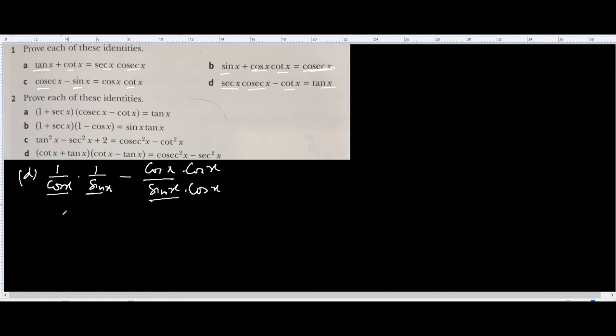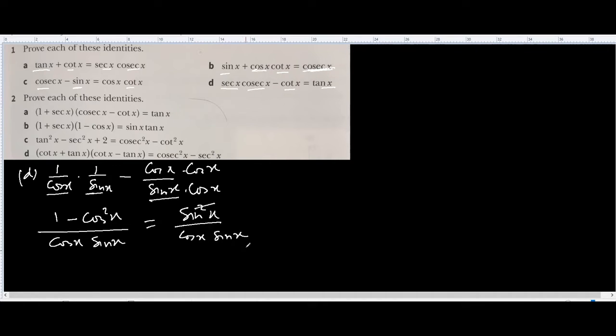So 1 times 1 is 1 minus cos times cos is cos squared x over cos x sin x. 1 minus cos square x is sin square x over cos x sin x. So we can cancel one of the sine with this sine and we are left with sine over cos, which is tan x RHS.